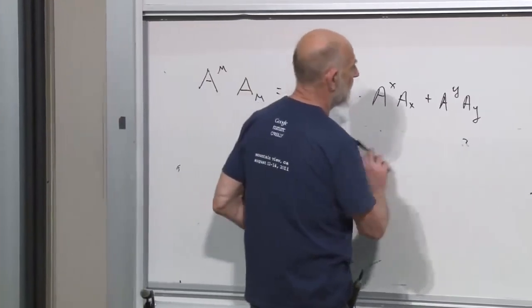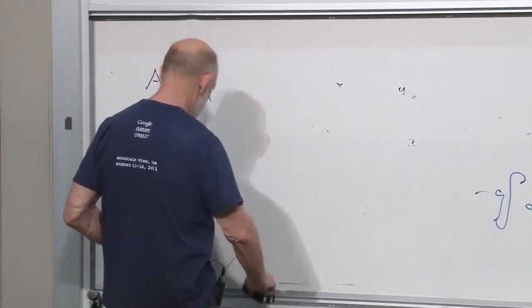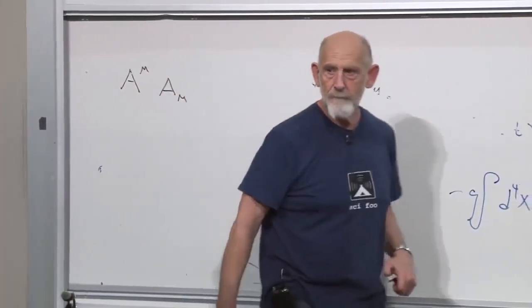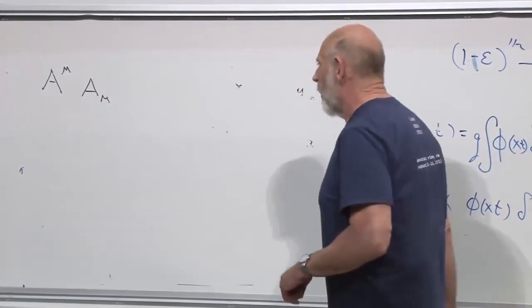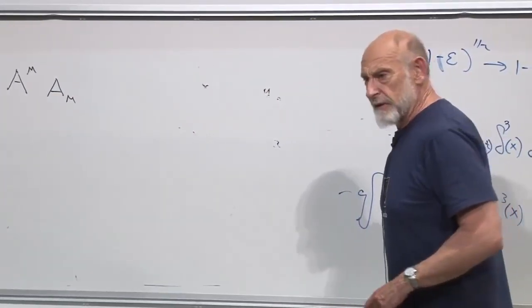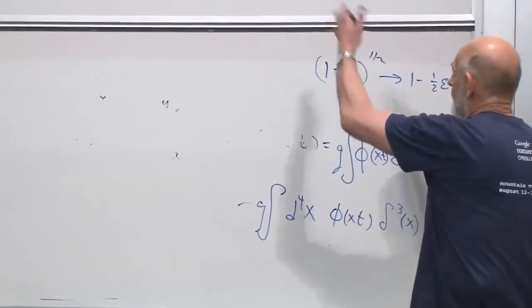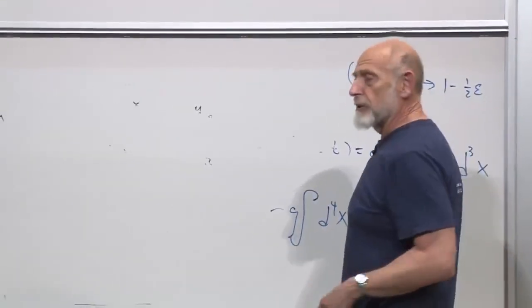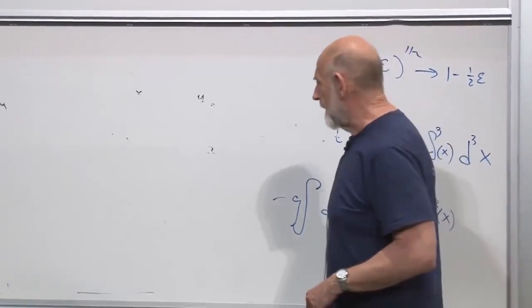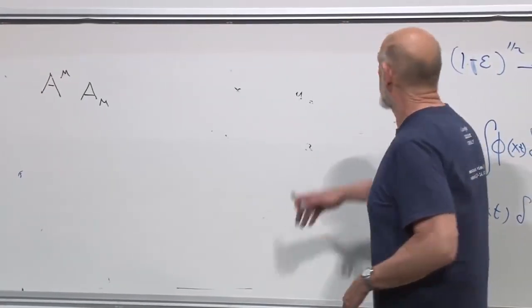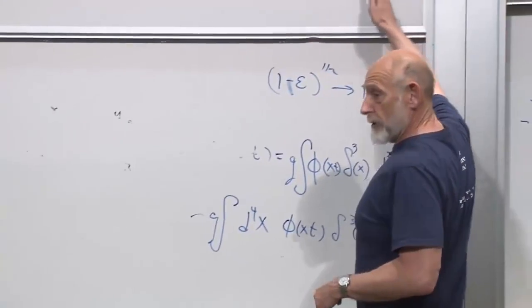So why don't we write A sub mu as a row matrix to be consistent? Oh, we could. I think if we wanted to be purists, we might. But this is what it is. This is what its components are.